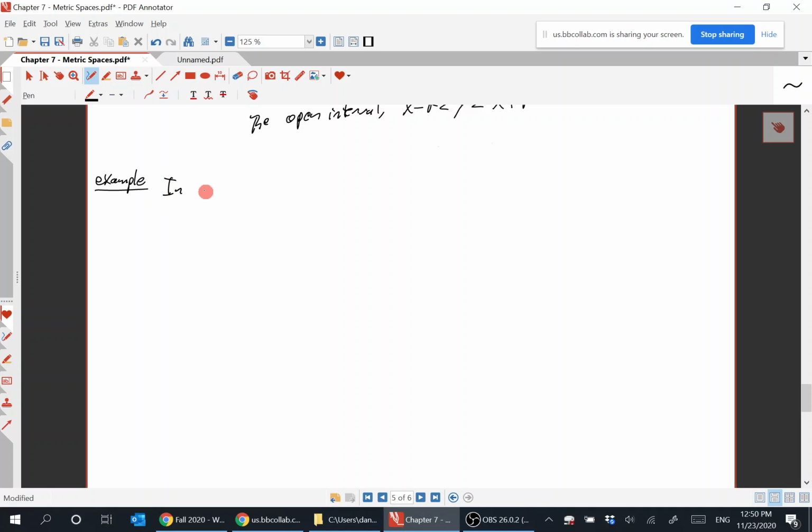So in R cross R, so the two-dimensional plane with Euclidean metric, distance from x, y to a, b being the square root of x minus a squared plus y minus b squared.